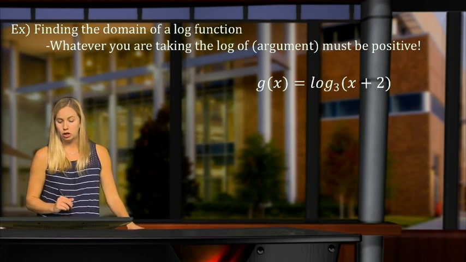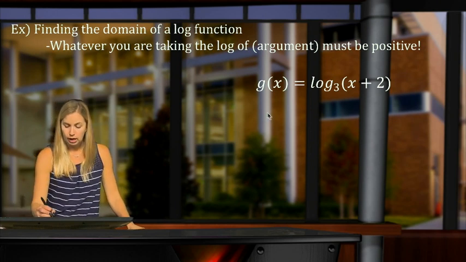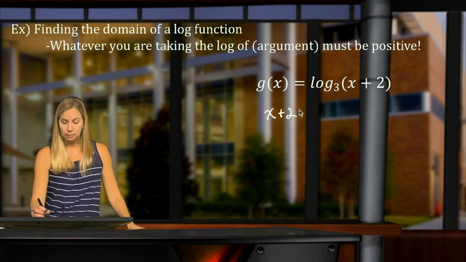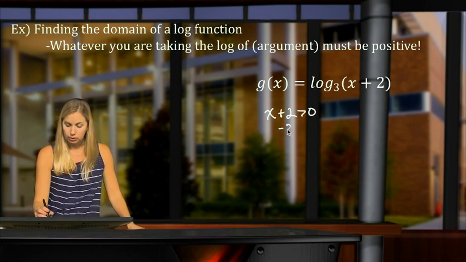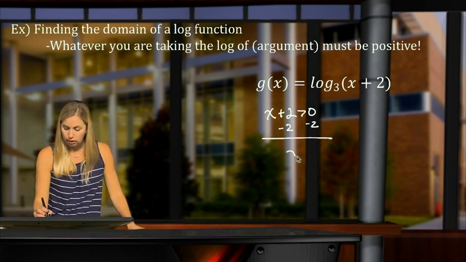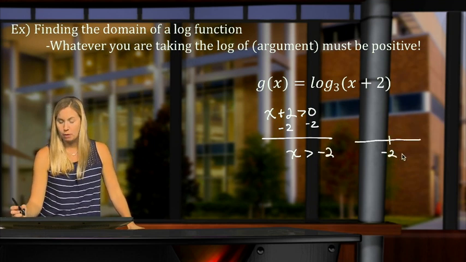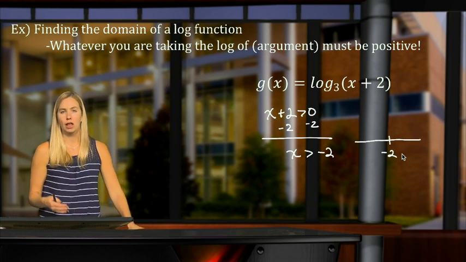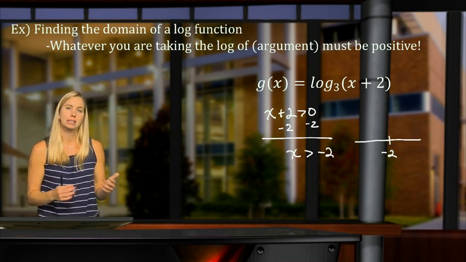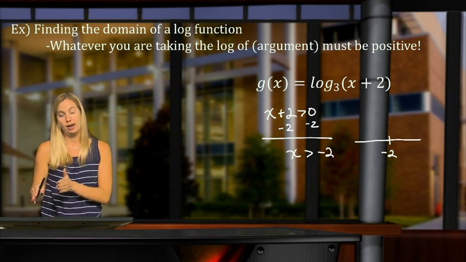G of x equals log base 3 of x plus 2. Again, my argument, whatever I'm taking the logarithm of, must be positive. So here I'm going to subtract 2. X must be greater than negative 2. And again, setting up our number line, we've seen that using the number line really helps us set up our interval because we can visually see where it starts and where it ends.